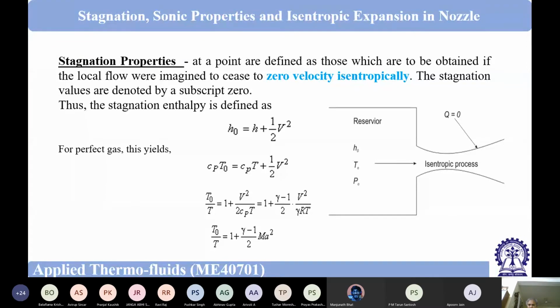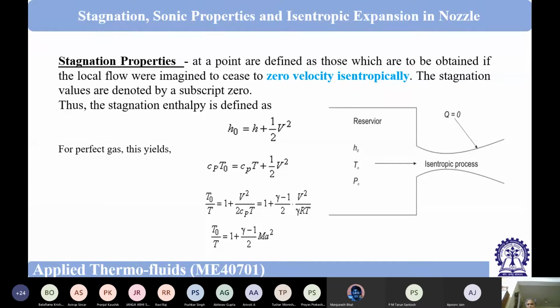If it is very big and insulated, then whatever small amount of fluid goes through the reservoir, the condition within the reservoir will not change. Not only that, if the reservoir is really large, then even if steam goes out of the reservoir, we can assume the steam within the reservoir to be at zero velocity.